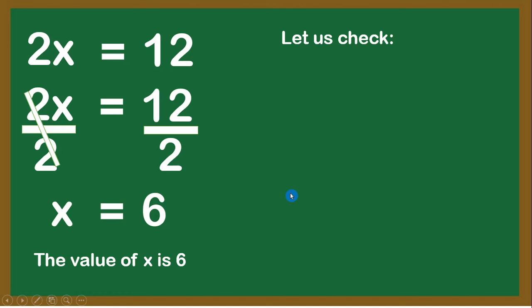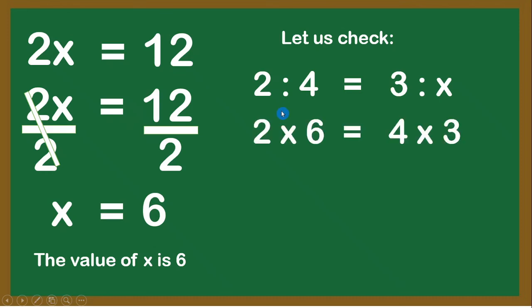Now let us check our answer. Let us use 2 is to 4 equals 3 is to x. Applying the law of proportion, the product of the means and the extremes, where x is equal to 6, we have 2 times 6 equals 4 times 3, wherein 2 and x are the extremes.